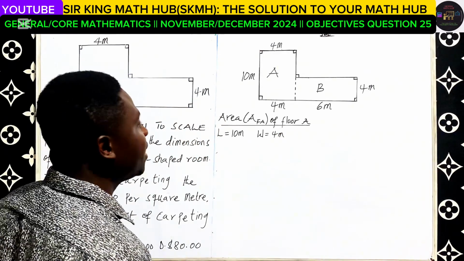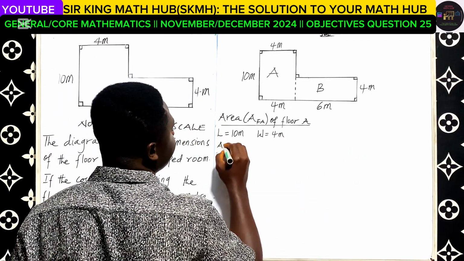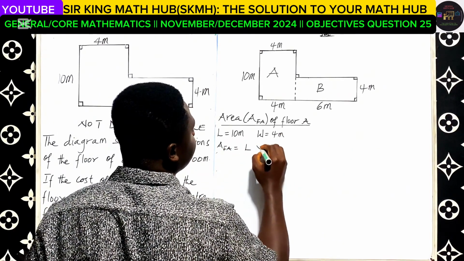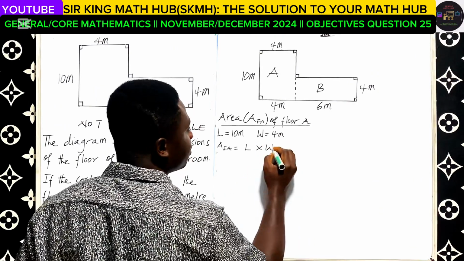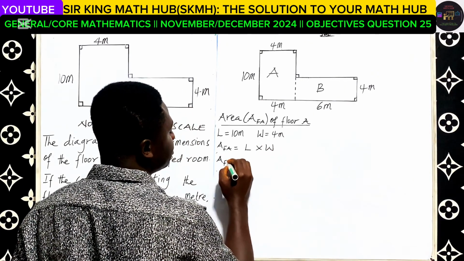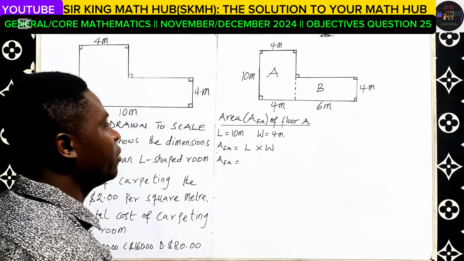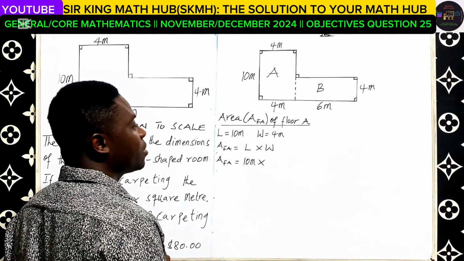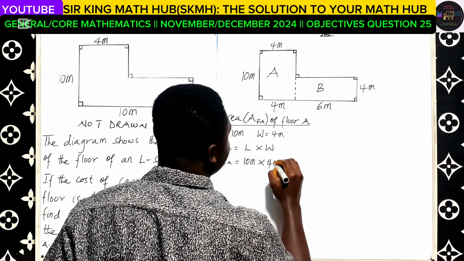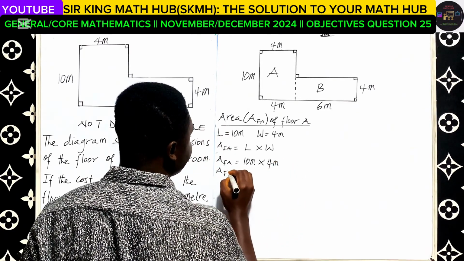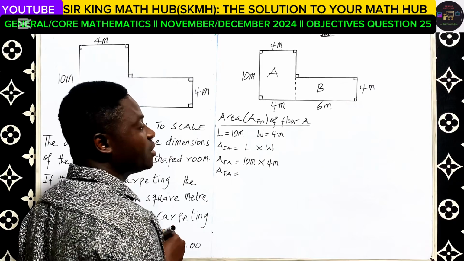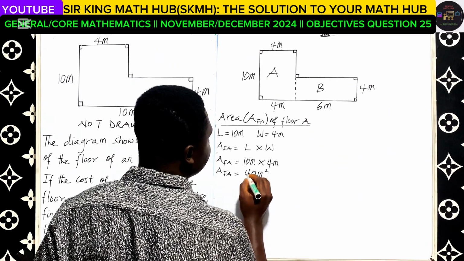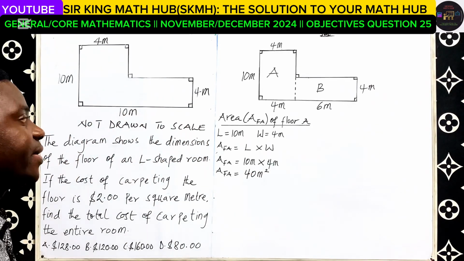So the area of floor A is equal to the length multiplied by its width. Substituting, 10 meters multiplied by 4 meters is 40 meters squared. So we are done with the area of floor A.